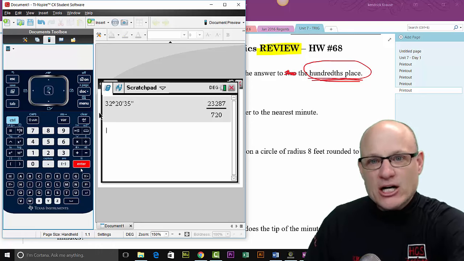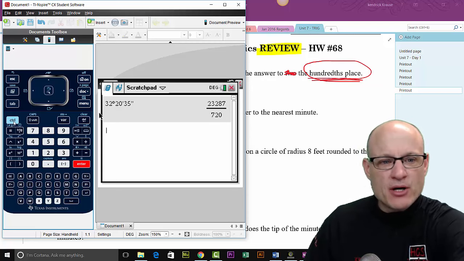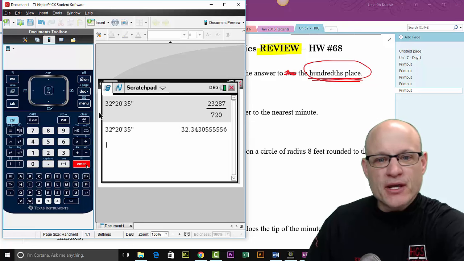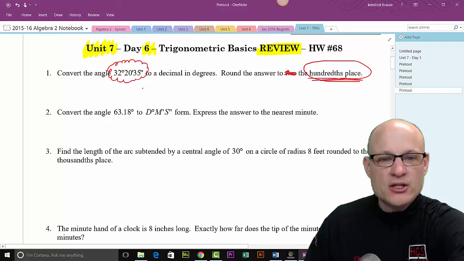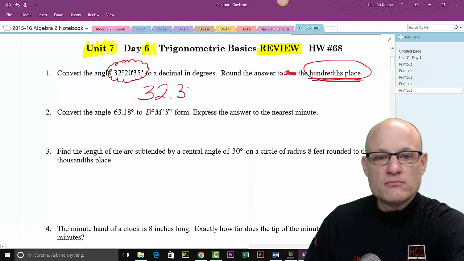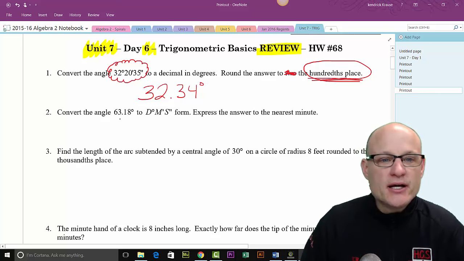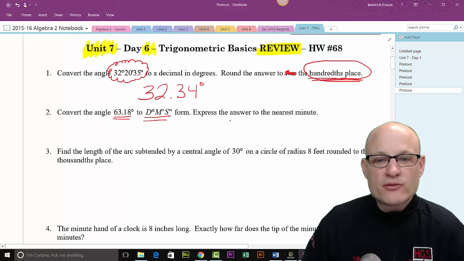Enter. Oh, I hate it when it's a fraction. But we just hit Control Enter, and it turns it into a decimal. You know it's going to be 32 point something. So hundreds place is right to that 4. So 32.34 degrees. Done. Yay.